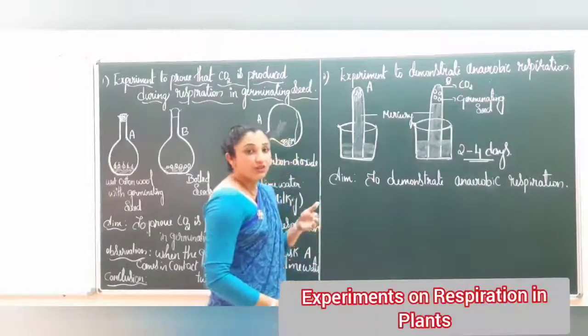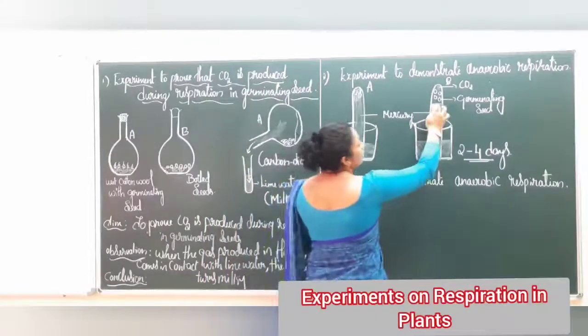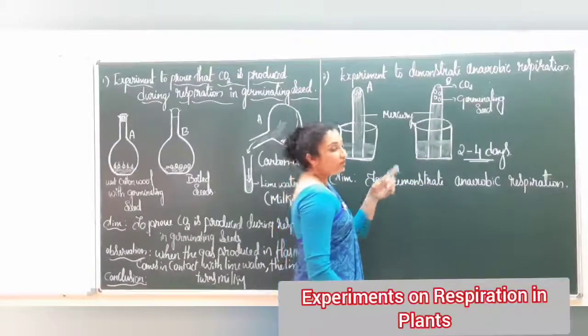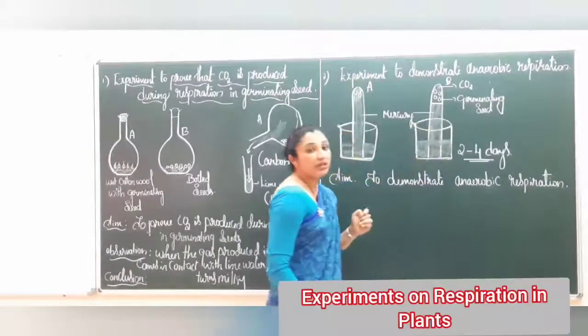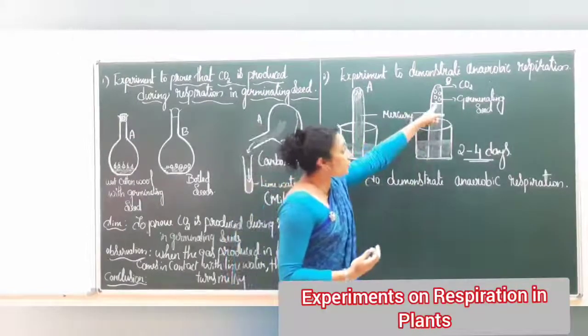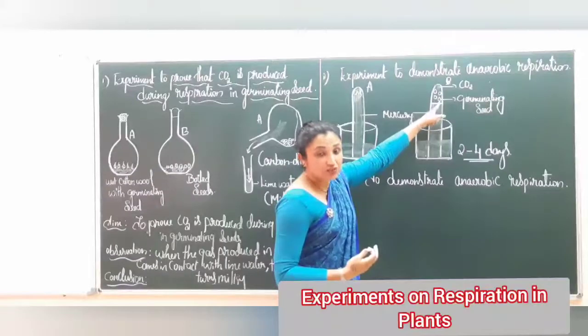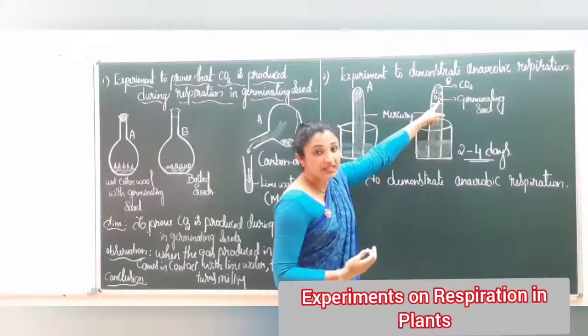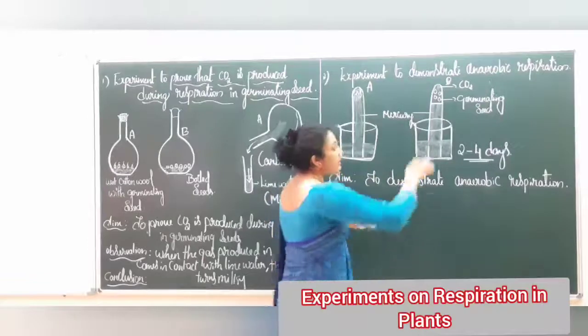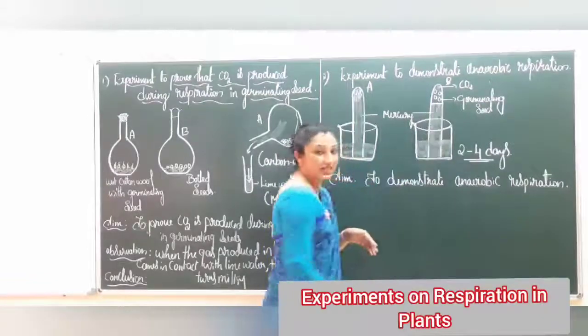After a few days, when you observe, the level of the mercury will come down. Understand? The level of the mercury will come down because the gas produced by the germinating seed is pushing the mercury down. Thus, the level of the mercury decreases.